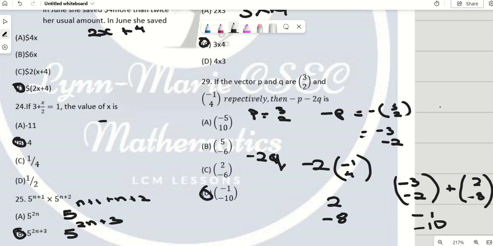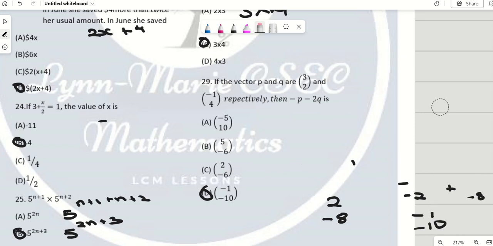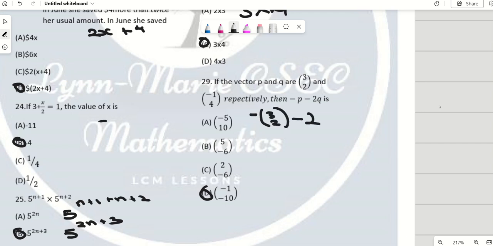This might confuse you guys, so let me do it a different way. Let's erase this, because you'll be like, no, Miss, how did you get plus? So again, -P is (-3, -2), and -2 times Q, which is (-1, 4).